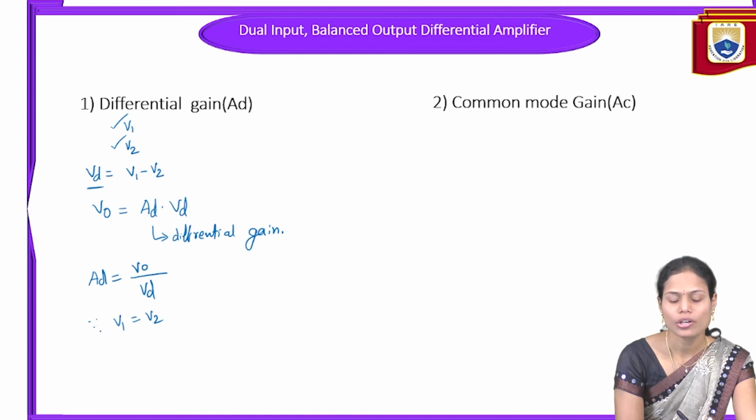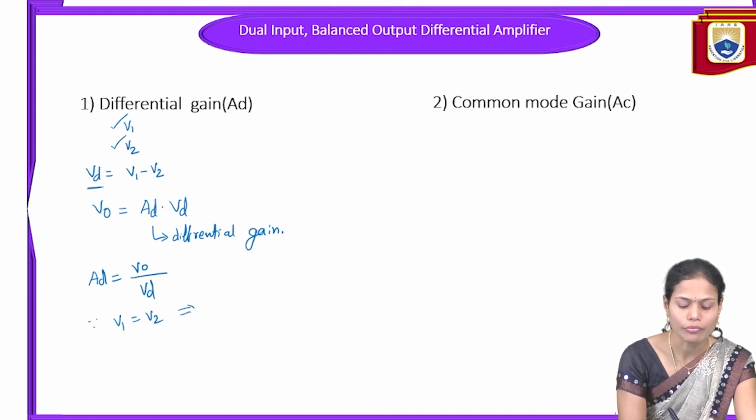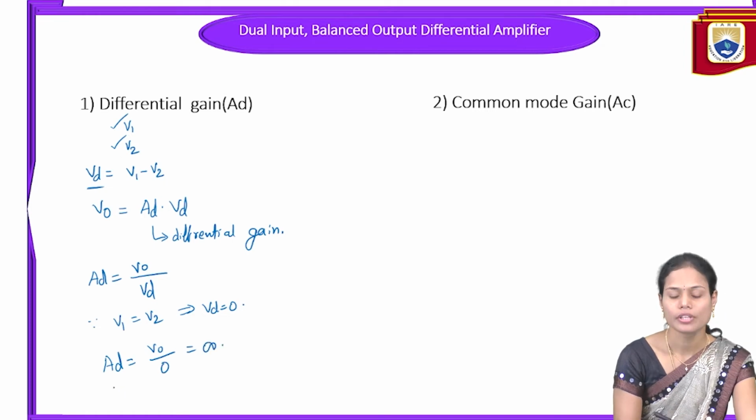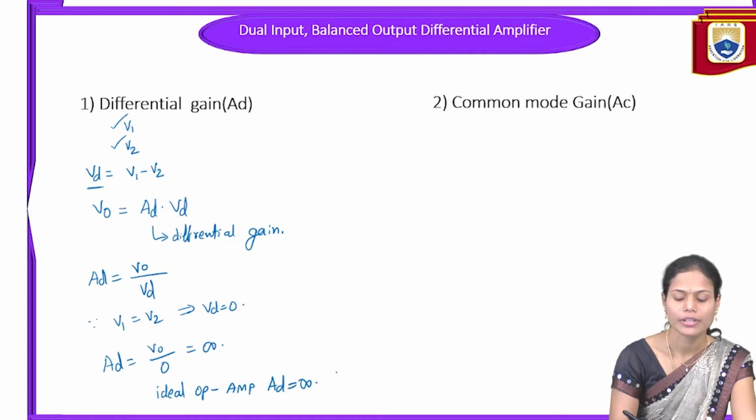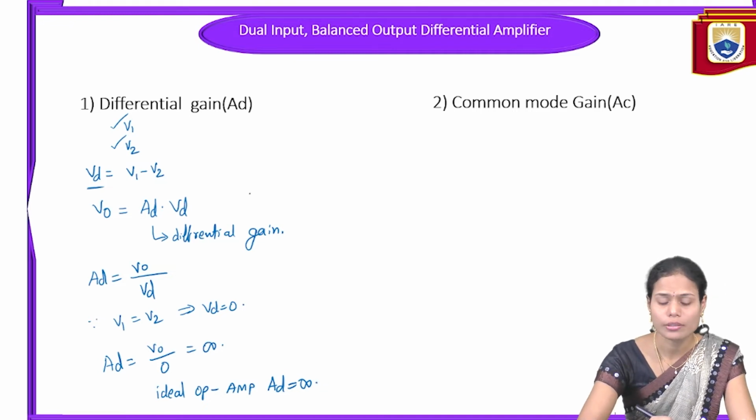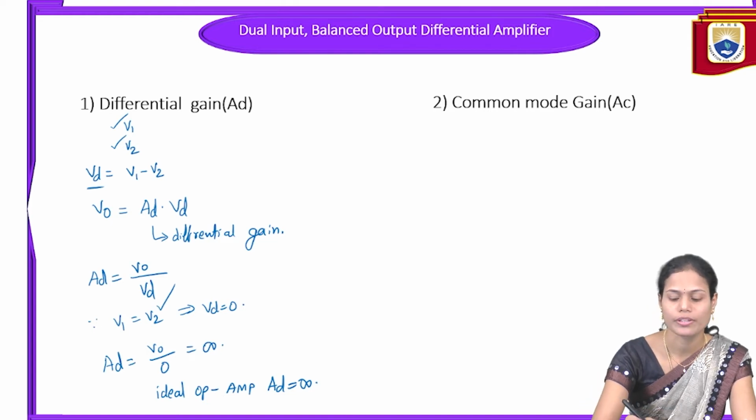In that case, what will we get as the VD value? We will get it as 0. So in that case, how much differential gain will I get? V0 by 0 is nothing but infinity. So in the ideal operational amplifier, the differential gain is infinity. Why are we getting infinity? Because we are providing both the inputs as the same voltage.